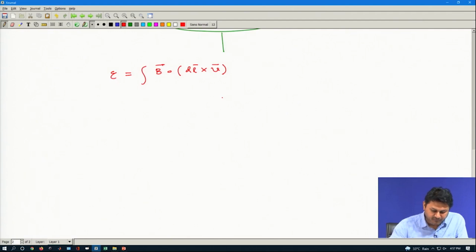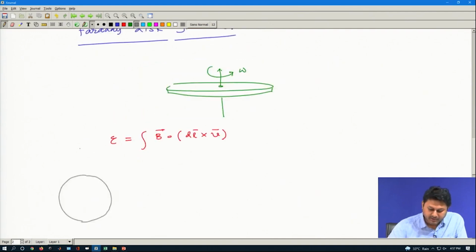If I make a top view of the system, then, by the way, I forgot to mention that it is rotating in some uniform external magnetic field. The magnetic field is obviously there, and in the environment of this magnetic field this disk is rotating.